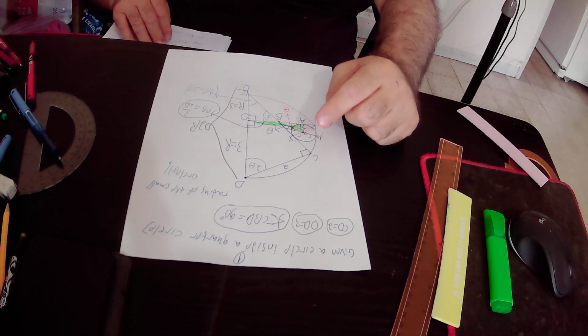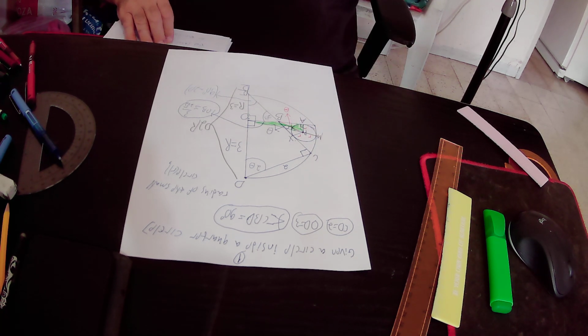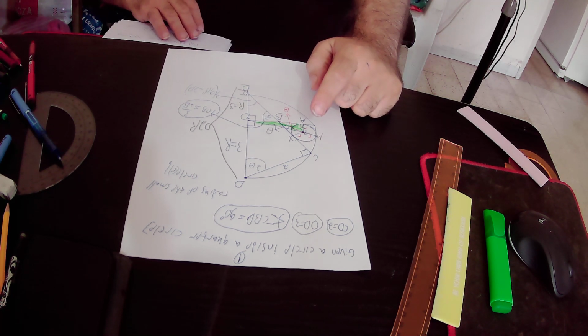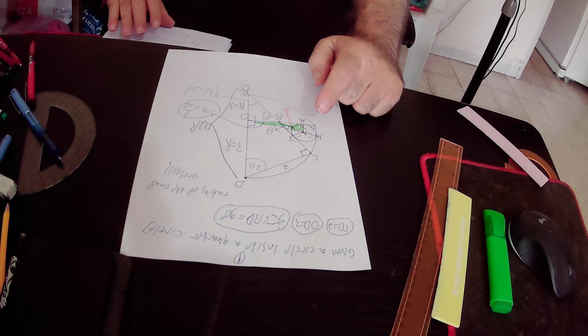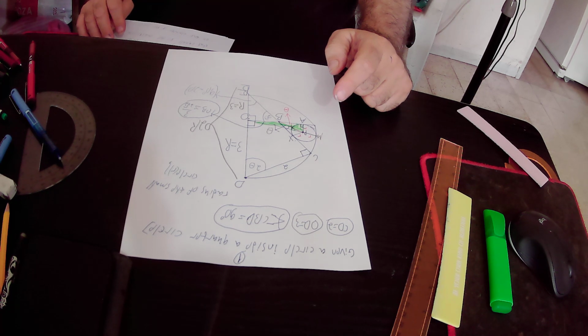We have here angle BCD that equals 90 degrees, and angle BCD is a peripheral angle. We have a rule that any peripheral angle that equals 90 degrees must rest on the diameter of the circle.